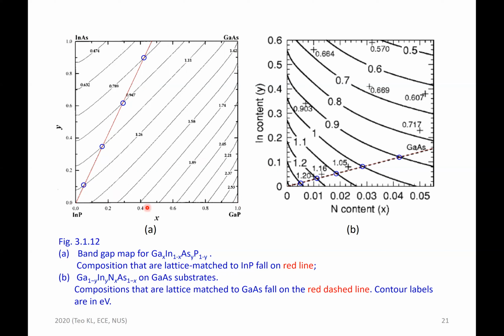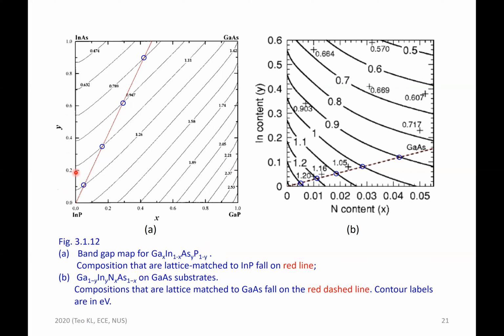So these are the compositions of x, and this is the composition of y, because the x is on the gallium and the indium, and the phosphorus itself is basically 0. So this is the x range and this is the y range.